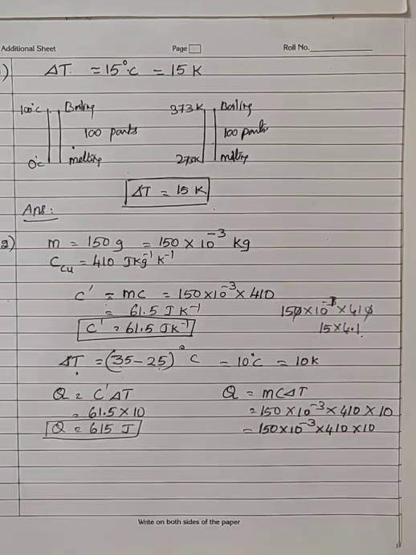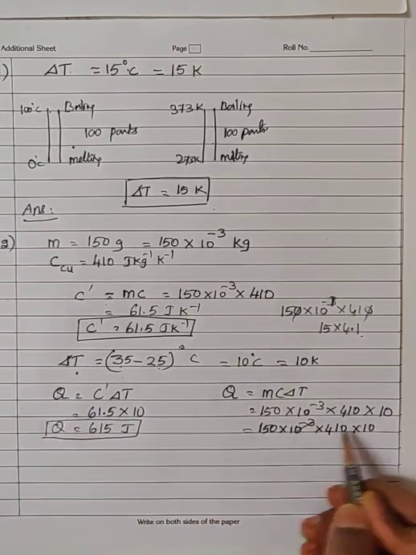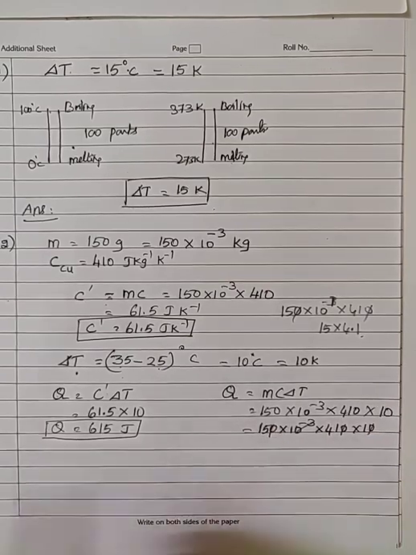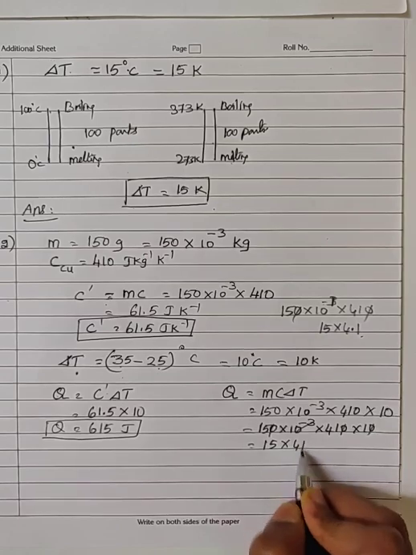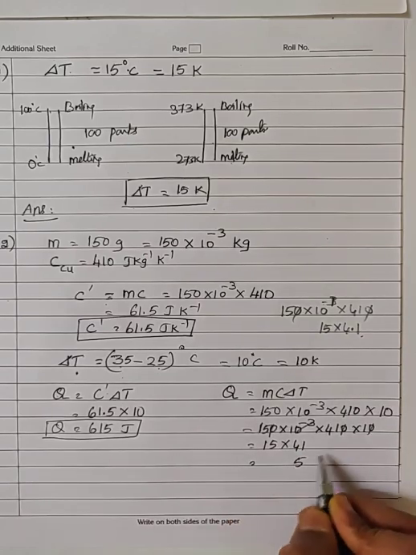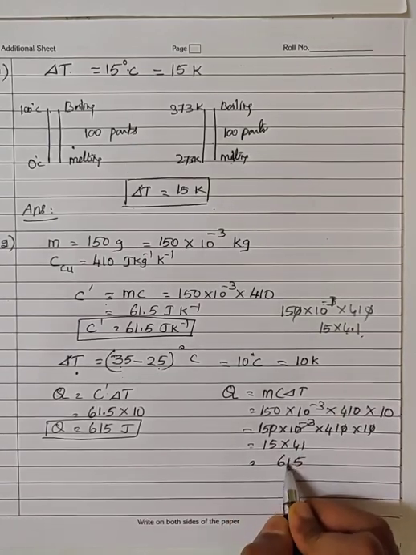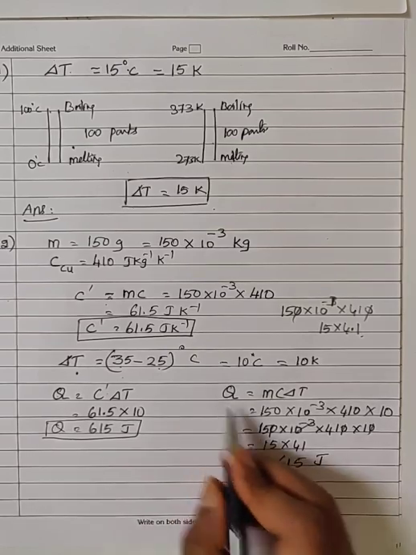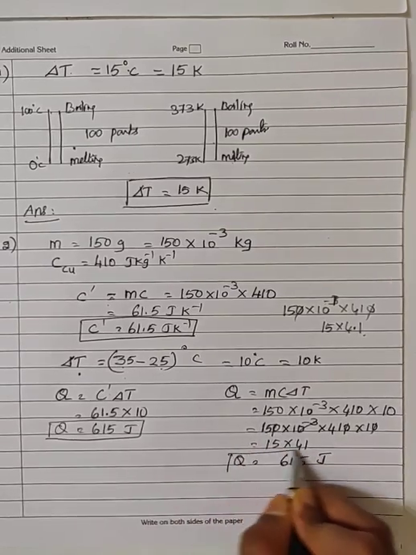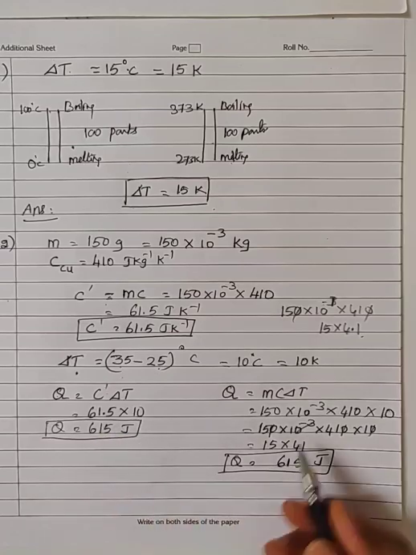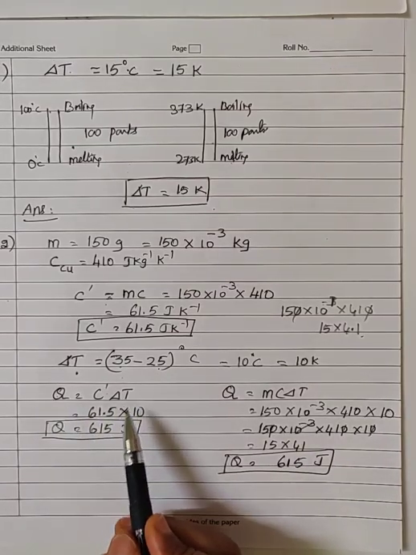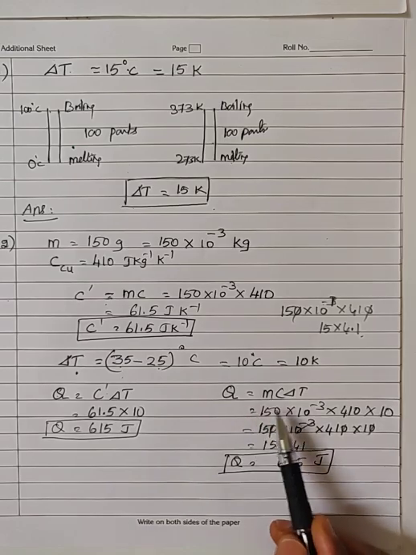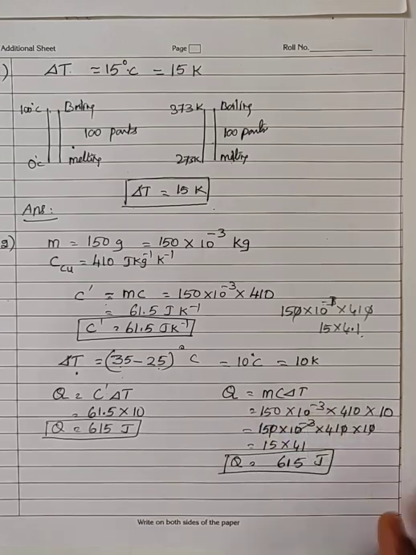See 10 power minus 3, 1, 2, 3. So you have 15 into 41. 15 is 15, remaining 1, 4 15s are 60, 61. 615, the SI unit of heat energy is joule. So Q is equal to 615 joule. Any one of the methods you can use. You can either use the expression Q is equal to C dash delta T, or you can use the expression Q is equal to MC delta T.